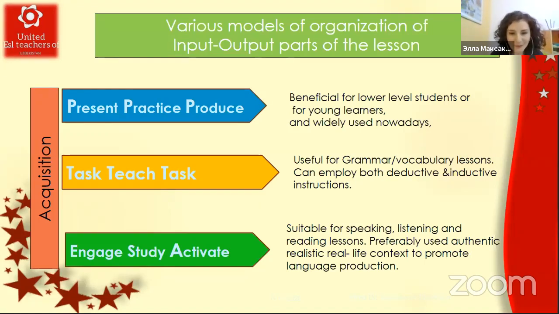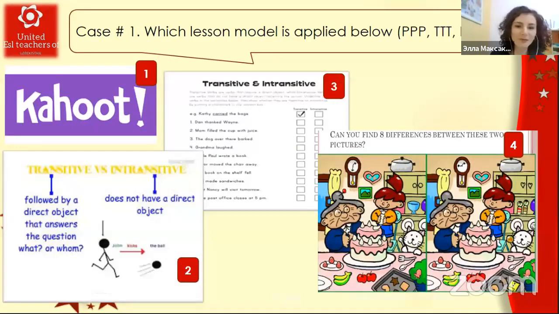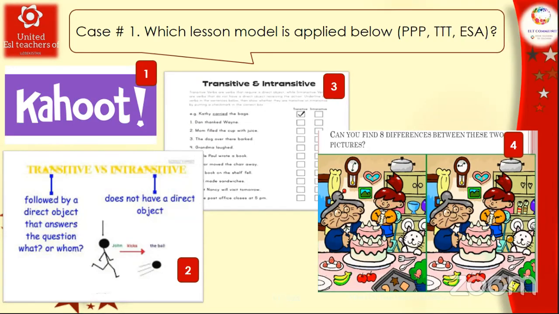So I would like to try to engage you in a conversation with me, and we will just practice to recognize. The next few slides will be a very simple task for us, I guess, because we will try to recognize what model this is. You see the steps of this middle part of our lesson. Number one is a Kahoot, a test or a quiz. Then comes an explanation that the teacher does.